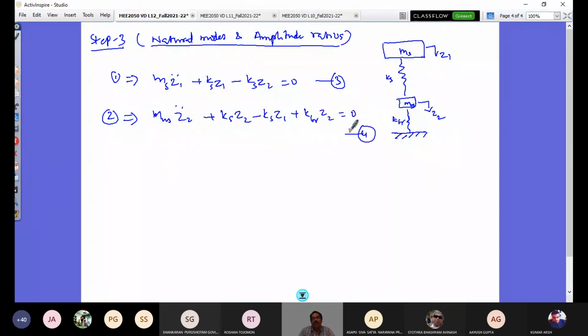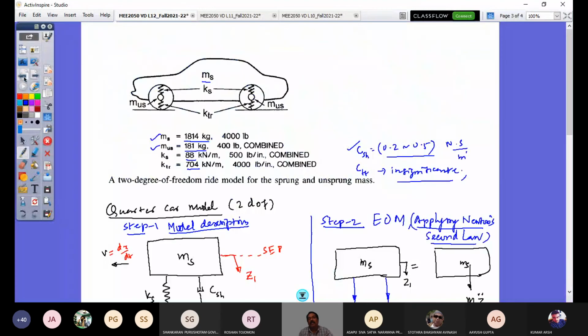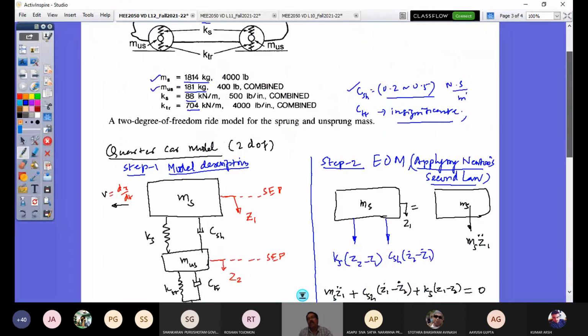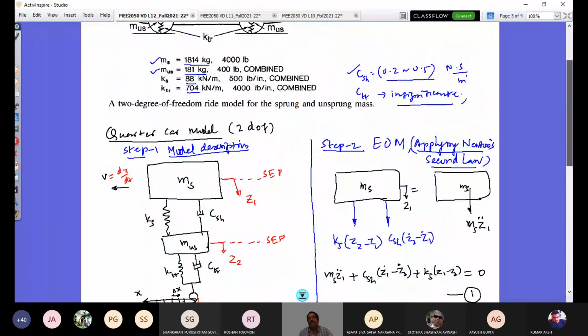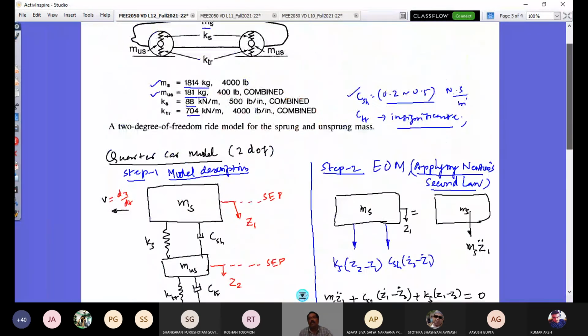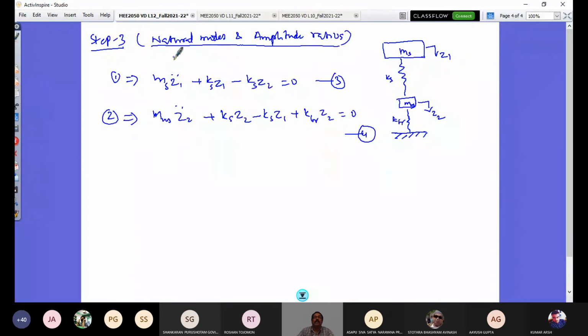That's my fourth equation. So equations 1 and 2, which we derived considering the shock absorber of the vehicle as well as the tire damping property, are now changed for our free vibration analysis to predict natural modes and amplitudes.